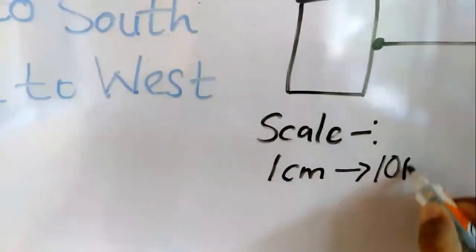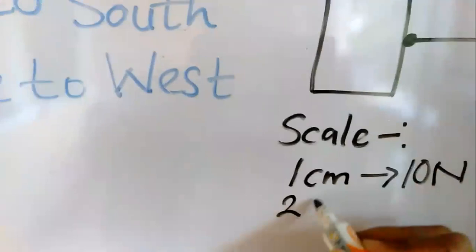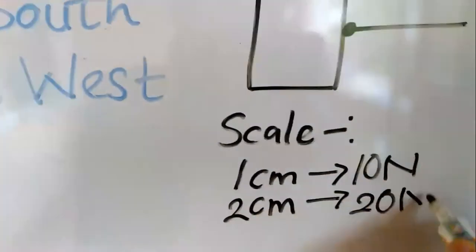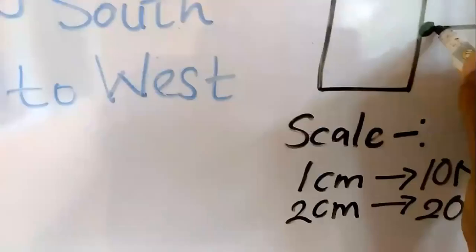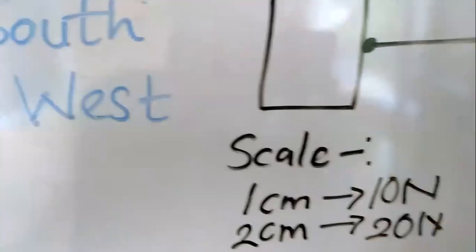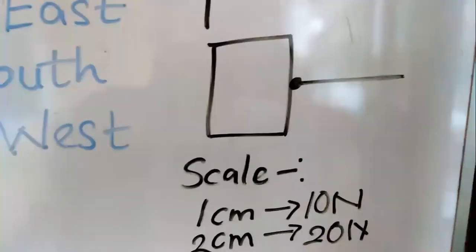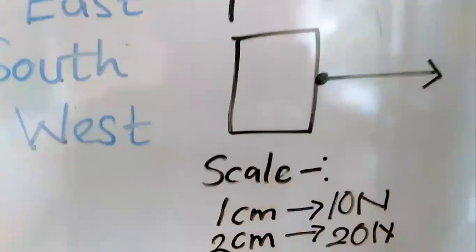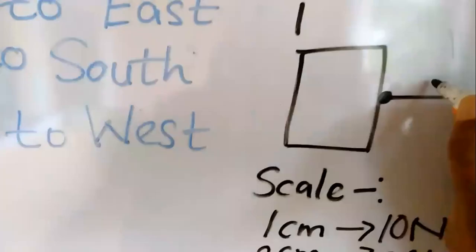For 2 centimeters we can represent 20 Newton. So here you should draw 2 centimeter line measured by a ruler, the arrowhead, the direction east, 50 Newton.